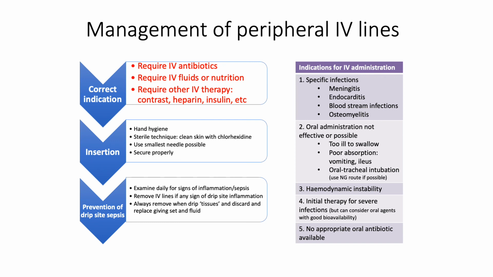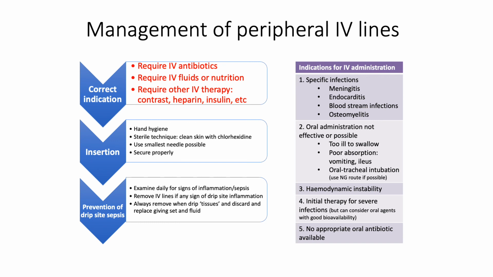Very important, if a patient requires an intravenous catheter, then it must be inserted correctly with strict compliance to hand hygiene, using a sterile technique in all circumstances, every time. The skin must be cleaned with chlorhexidine, sterile gloves must be used, a sterile pack, the smallest needle possible, and it's important to secure it properly.